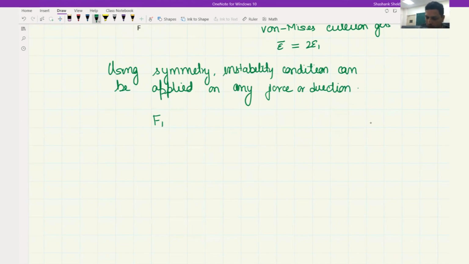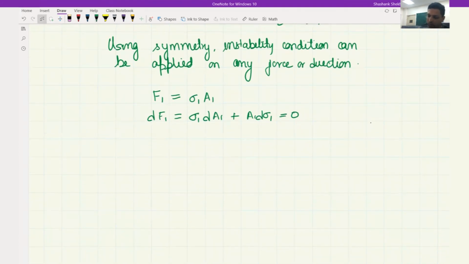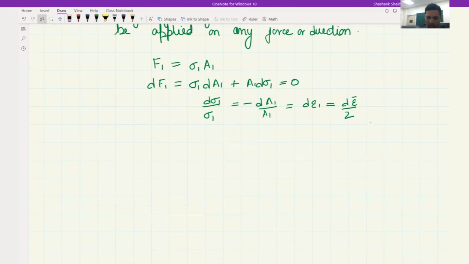So we have F1 equal to sigma 1 A1, and again we know that for instability dF1 should be equal to 0, which is sigma 1 dA1 plus A1 d sigma 1 equal to 0, and again rearranging, what we get is d sigma 1 by sigma 1 equal to minus dA1 by A1, and dA1 by A1 is equal to d epsilon 1, which we already know is equal to d epsilon bar by 2, and d sigma 1 is the same as d sigma bar.